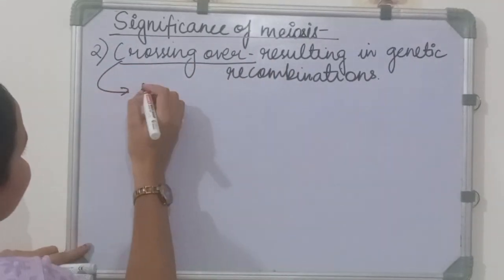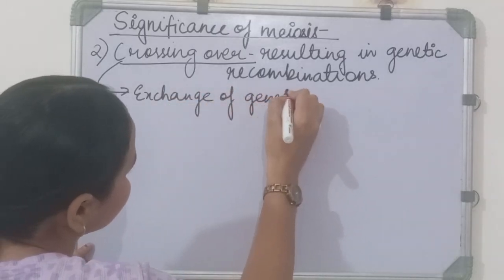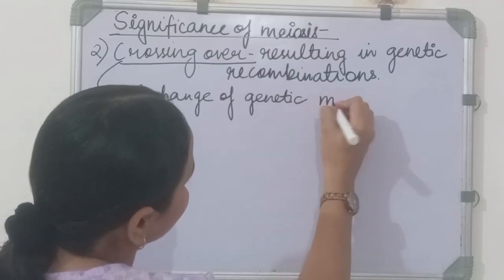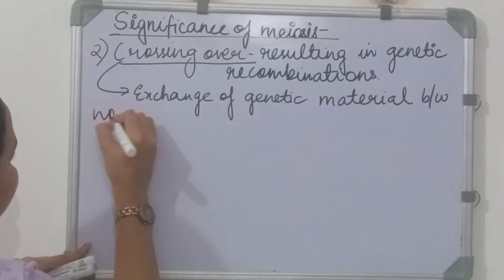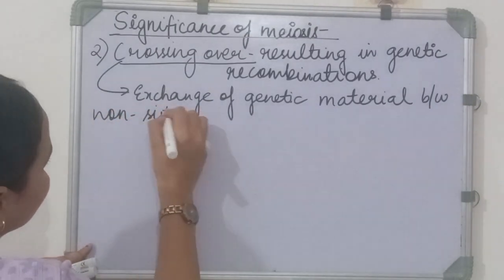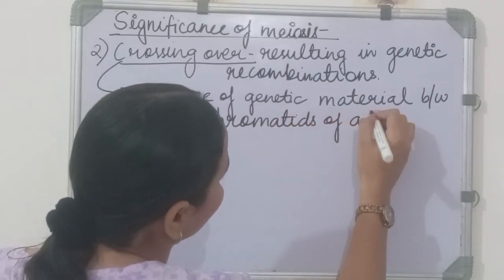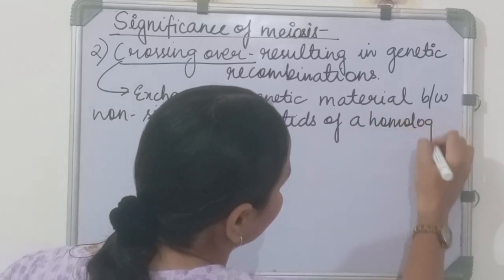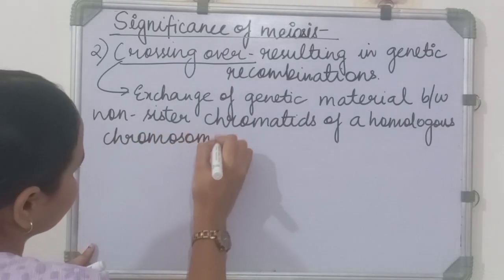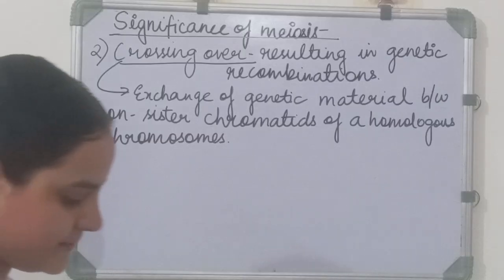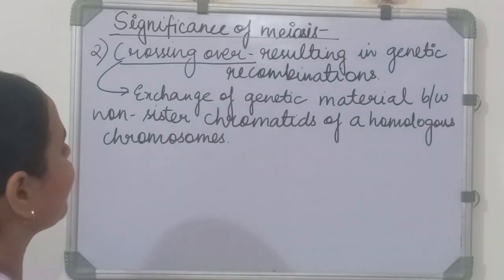Crossing over is exchange of genetic material between non-sister chromatids of homologous chromosomes.